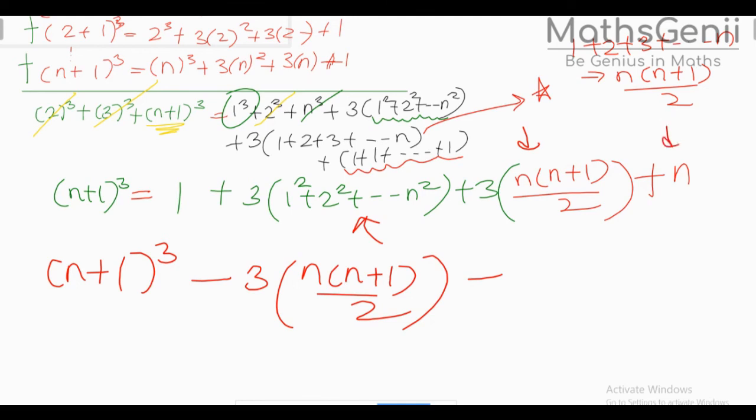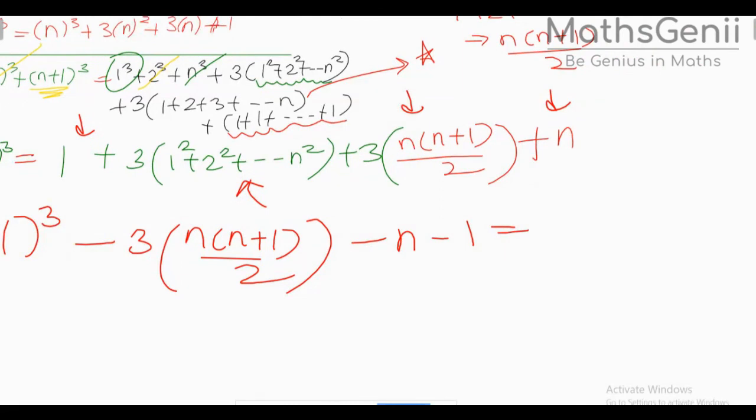Then this plus n becomes minus n. This plus 1 becomes minus 1. And then on this side, what are you left with? This term, 3 into 1 square plus 2 square till n square. This is what you are left with.